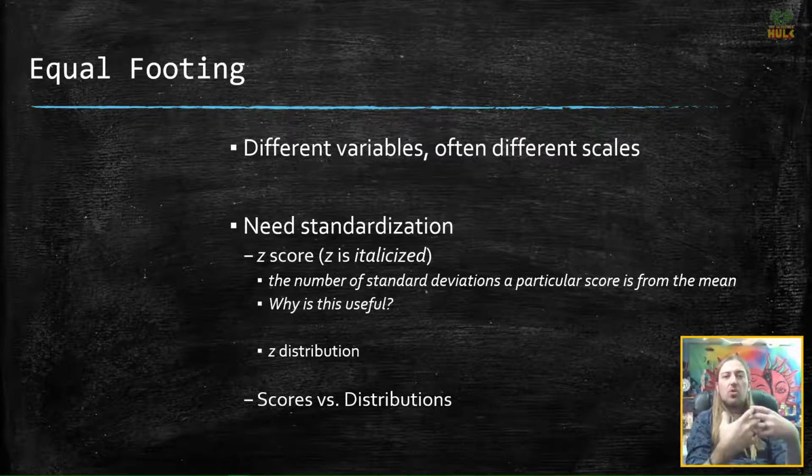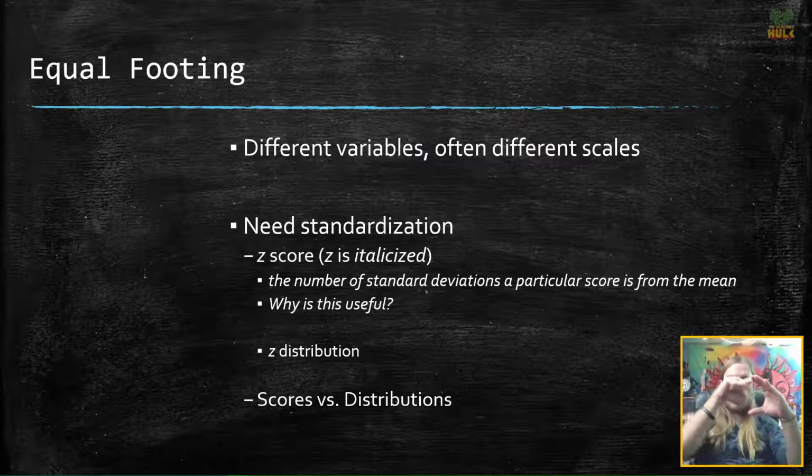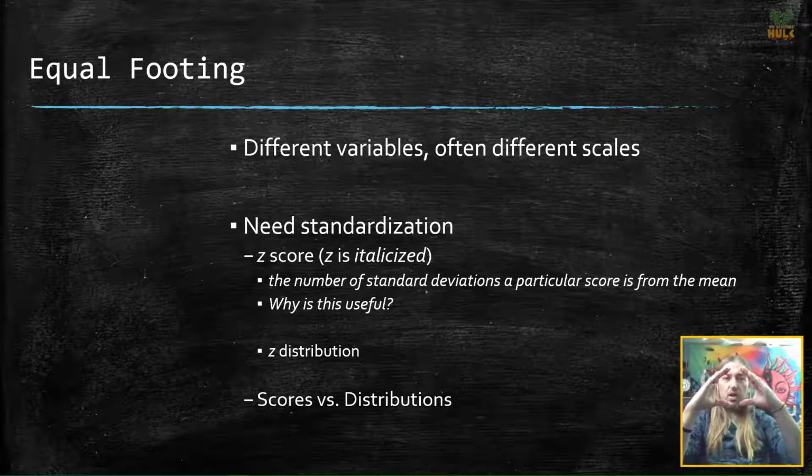So am I 2 standard deviations above the mean? Am I 2 standard deviations below the mean? My raw score already sits somewhere in that larger distribution. Maybe I'm way above the mean, maybe I'm way below the mean. All I'm doing is converting that distribution of raw scores to a distribution of scores that simply represent how far each one is from that mean.